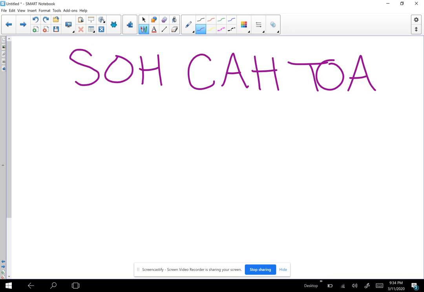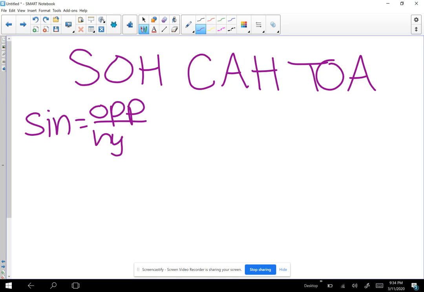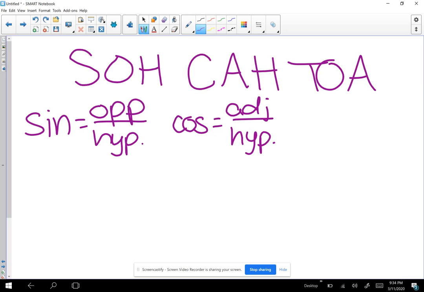The S stands for sine, and sine is equal to the opposite side over the hypotenuse. The C stands for cosine, and that's equal to the adjacent side over the hypotenuse. And then the T stands for tangent, and that's equal to the opposite side over the adjacent side.